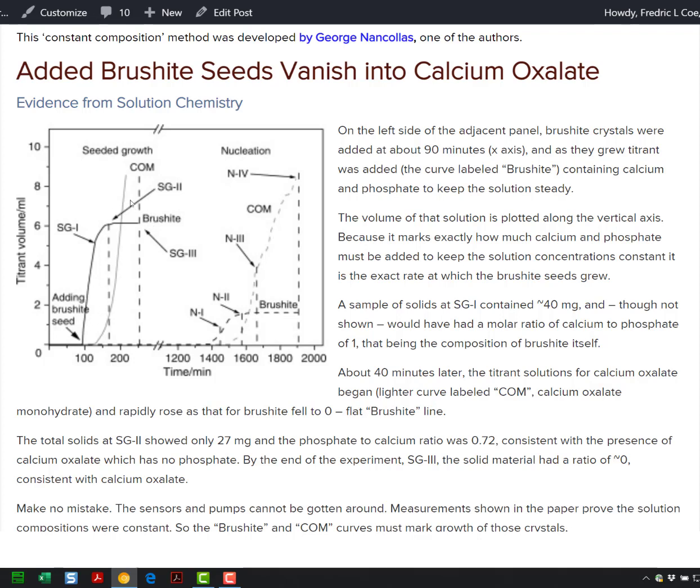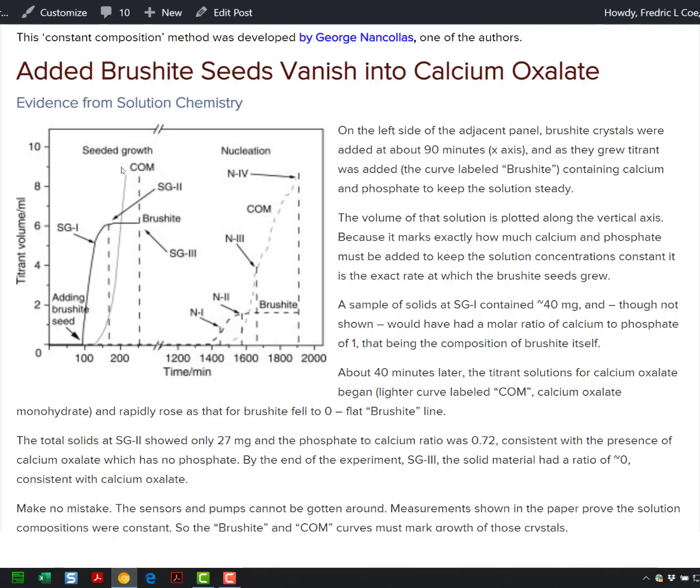When you make calcium oxalate crystals, the pH of the solution does not change. So, as you make the brushite seeds grow, these pumps are turning on as well. What this is saying is more calcium is disappearing from the solution than can be accounted for by the pH. And so this system begins pumping.